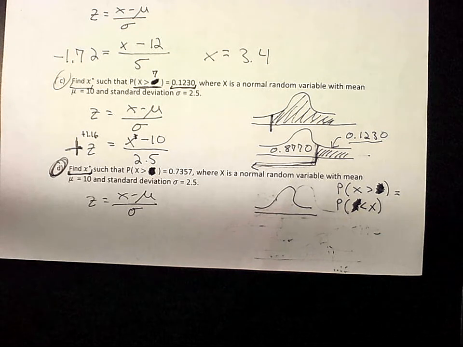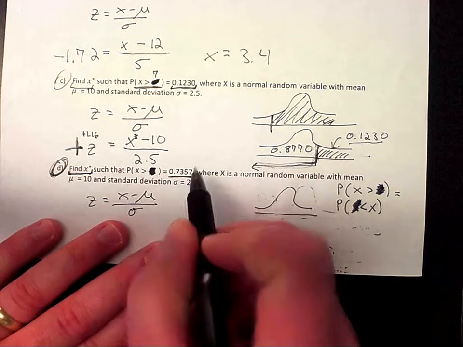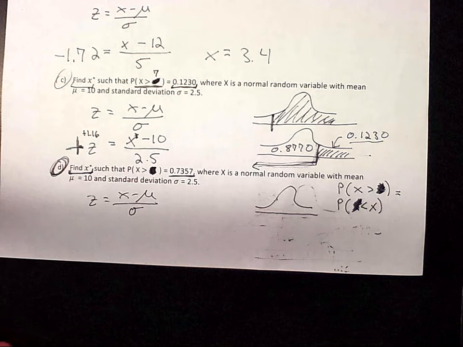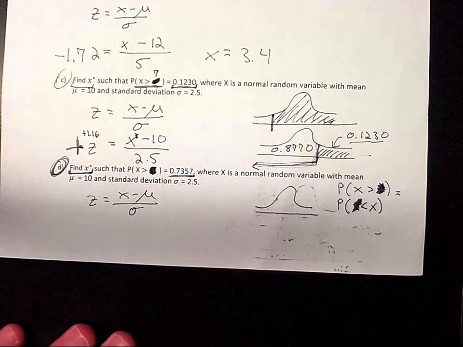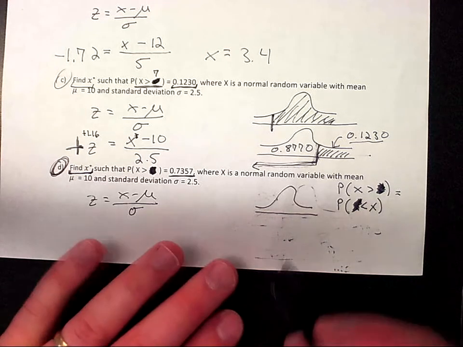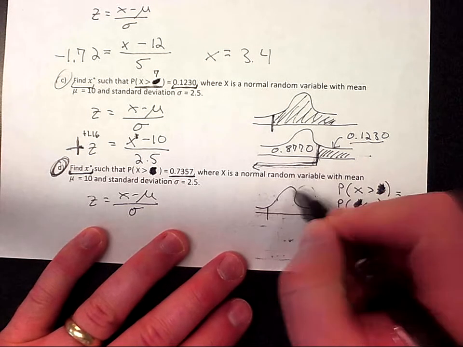If we want to have about 73% shaded to the right of some cutoff, is that cutoff going to be above the mean or below the mean? Below the mean, right? Does that make sense? If we want to have 73% of our graph shaded to the right of some cutoff, then that cutoff needs to be below the mean.